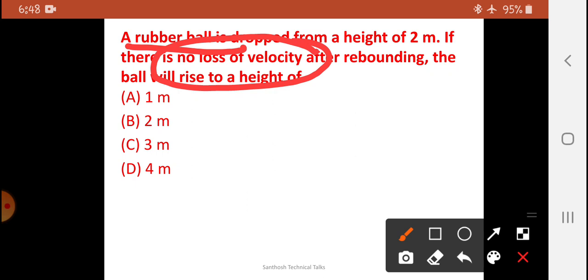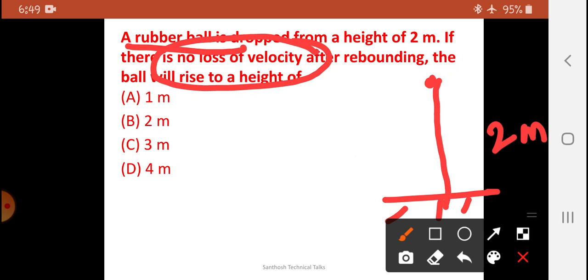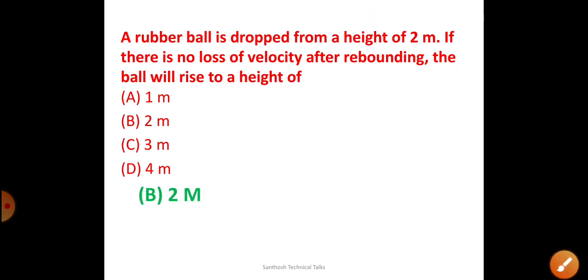Therefore, if a ball is dropped from a 2 meter height and there is no loss of velocity, the ball again travels the 2 meter height. So there is no calculation for these types of questions. Once you understand the question, it is very easy to answer. So 2 meter is the correct answer.